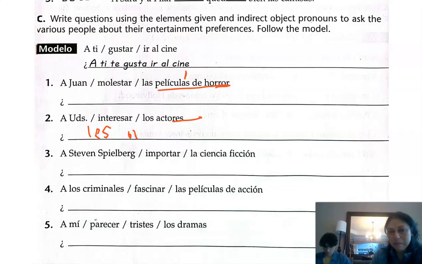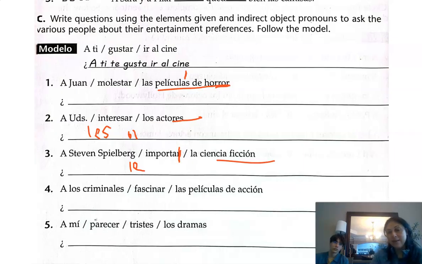So next one. A Steven Spielberg le importa la ciencia ficción. Good. Le here because Steven Spielberg is third person singular. And then importa, it's just importa because ciencia ficción is singular. All right.